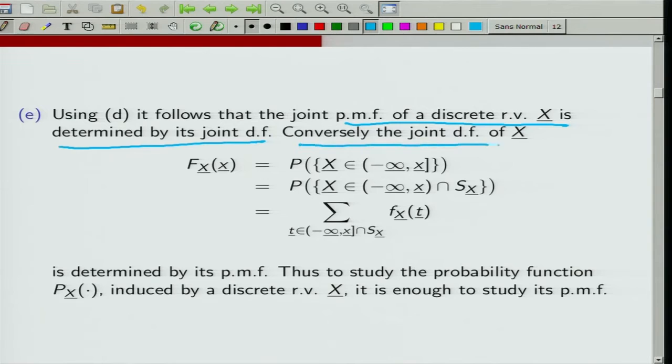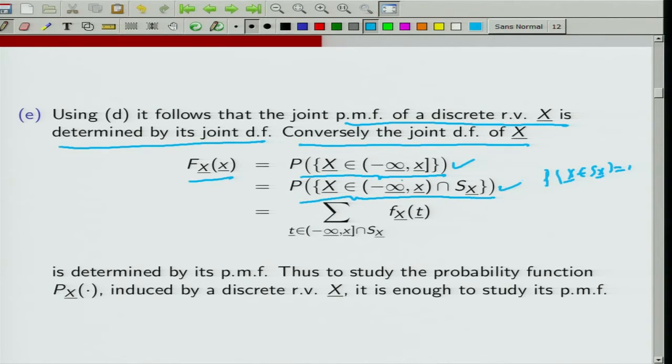Now, conversely, the joint distribution function of X, which is F_X(x), is the same as the probability that X belongs to (-infinity, x]. Now, since the probability that X belongs to S_X is 1, this probability is the same as the probability that X belongs to (-infinity, x] intersection S_X. The reason for doing that is that (-infinity, x] is not countable. By taking its intersection with S_X, it has become countable, and this follows from the fact that the probability of X belonging to S_X is 1.